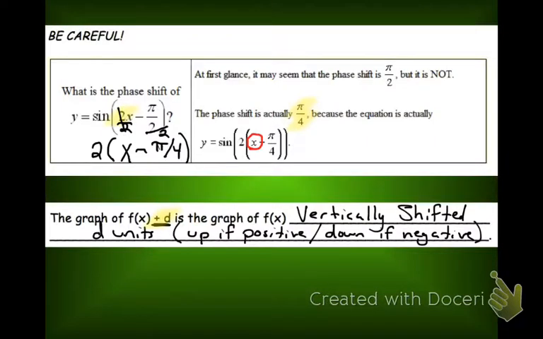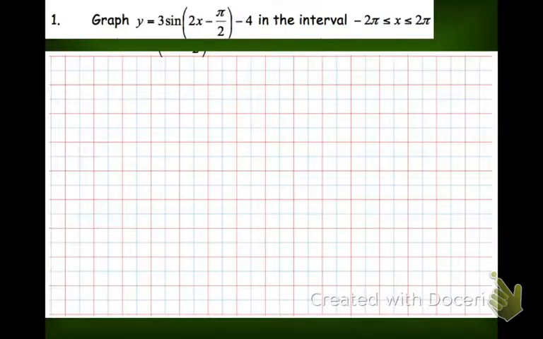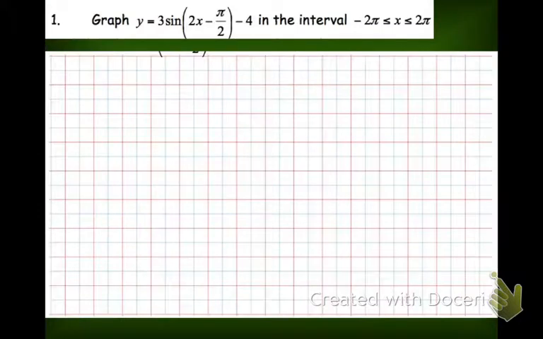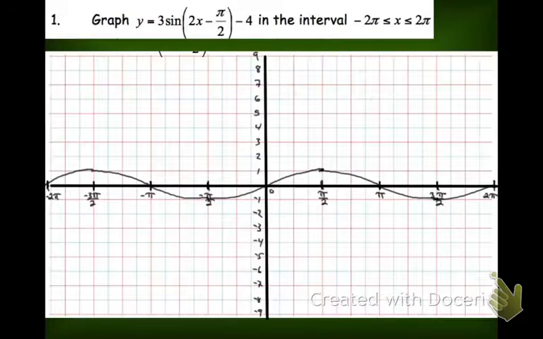So we're going to jump right into an example here. I have set this up already just so I don't have to spend the time graphing it. So I've set up my axes here, and on the vertical axis I'm going up by 1s.